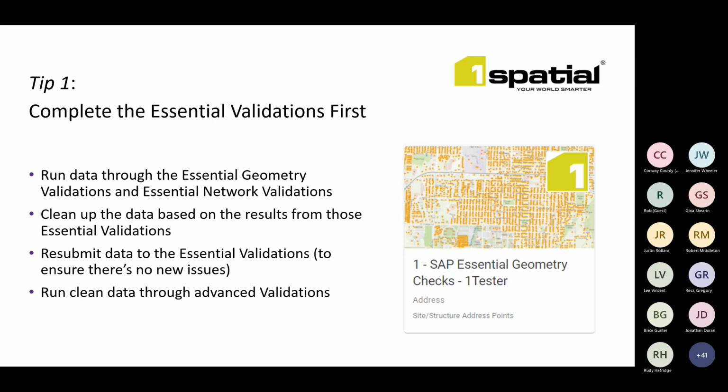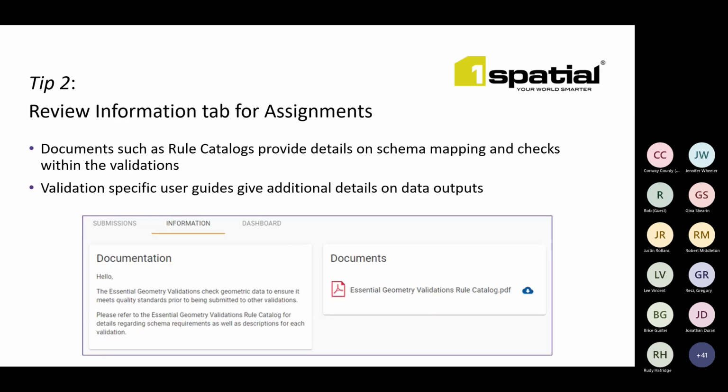They are currently available, so you should be able to run your address points, your road center lines, your boundary data through essential geometry. Just make sure you're choosing the correct assignment for each layer. Review the information tab for your assignments. That information tab has links to rule catalogs for each of those validations.